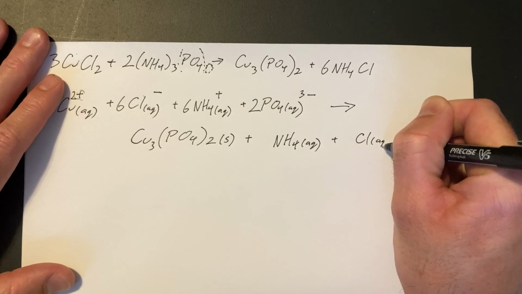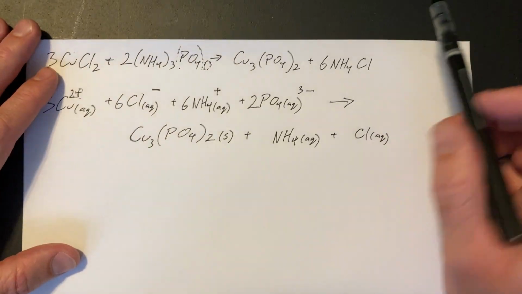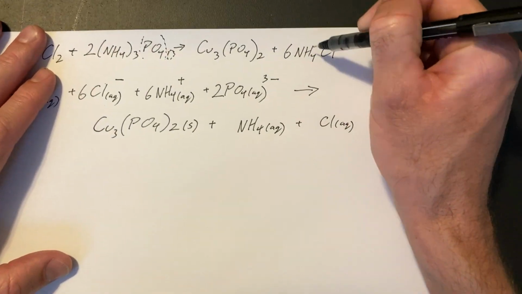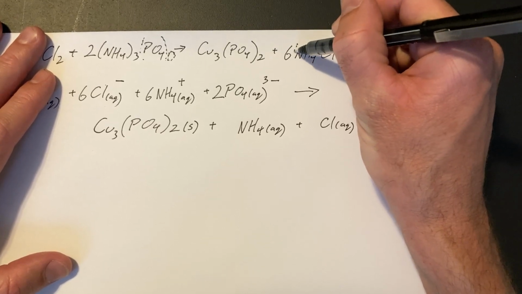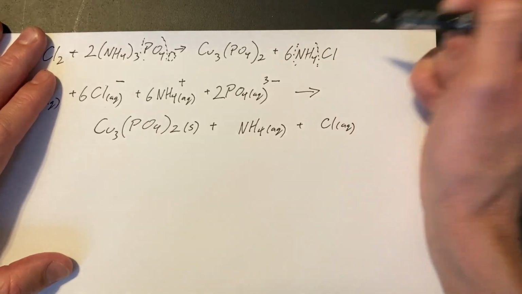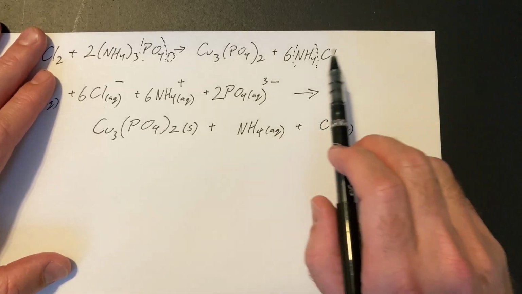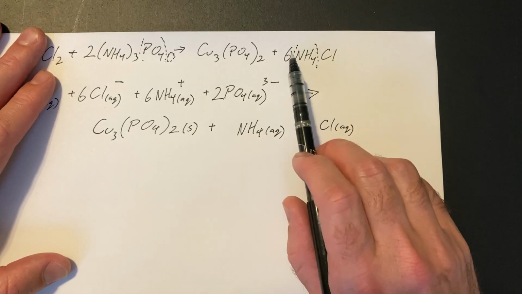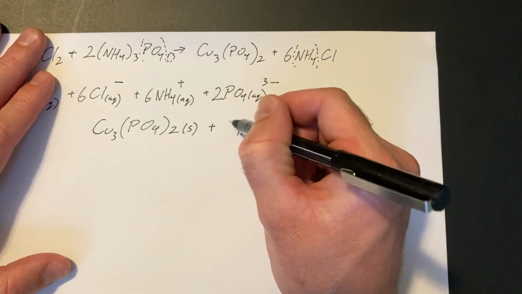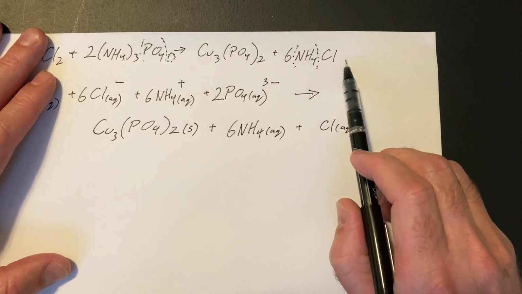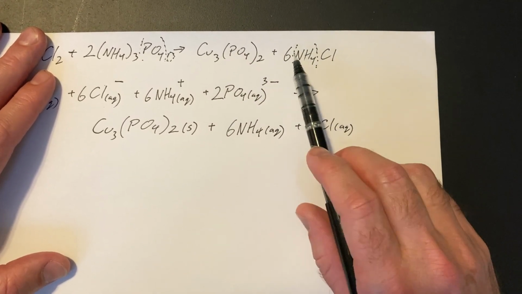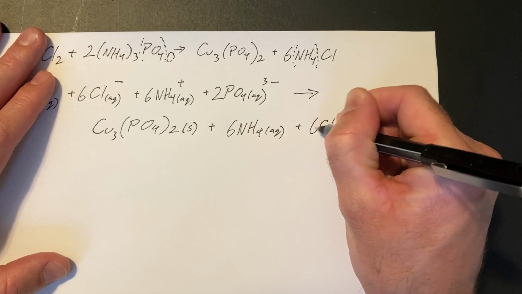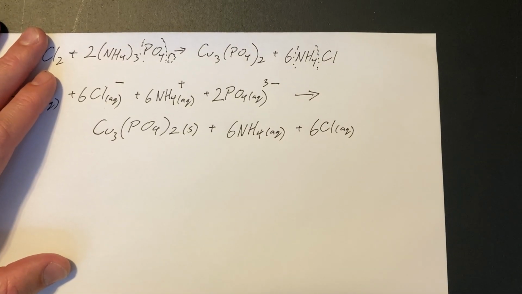Don't forget your AQs. All right, how many do we have? Remember, this NH4 is a unit that has invisible parentheses around it. It has a subscript of 1, and we got 6 of them. 6 times 1, 6. Chlorine has an invisible subscript of 1. 6 times 1, 6. Just lovely.